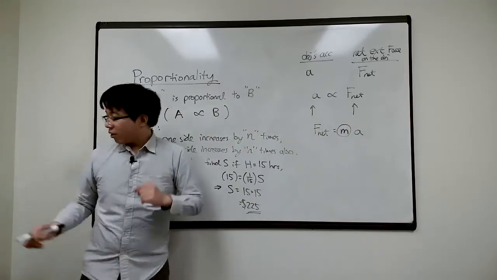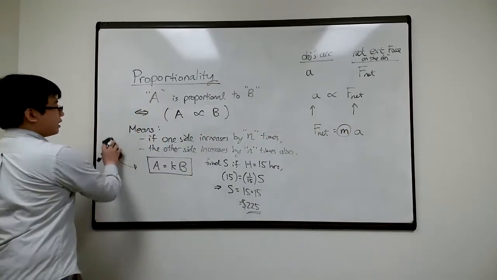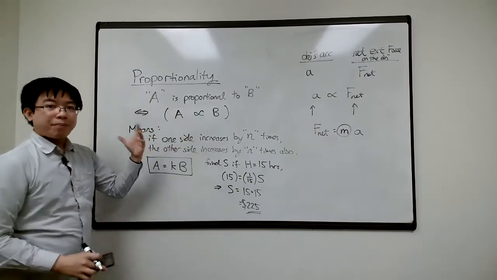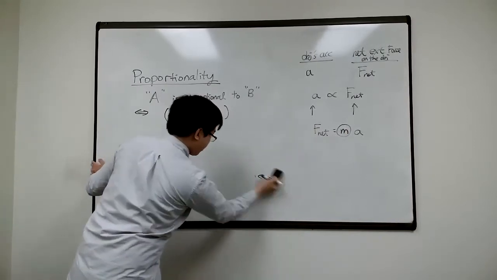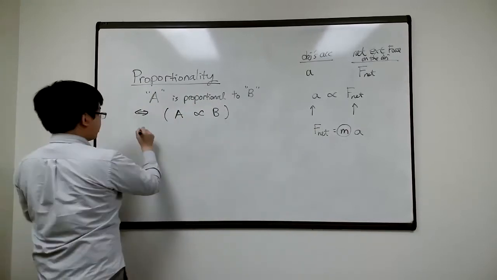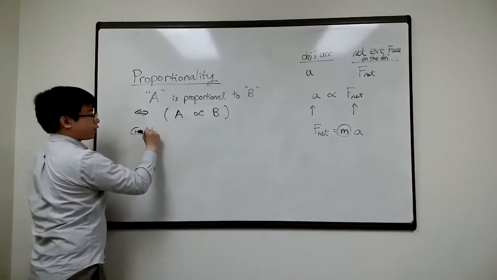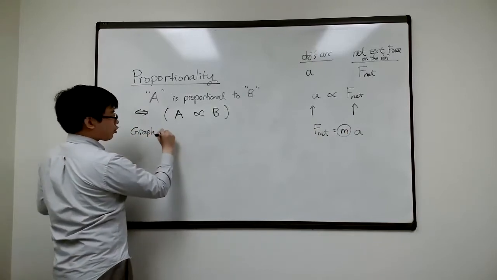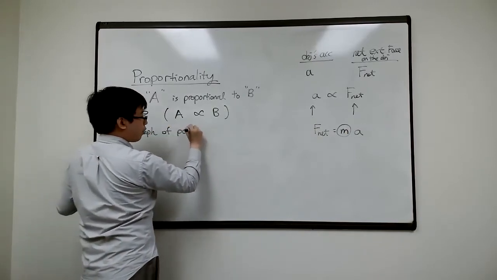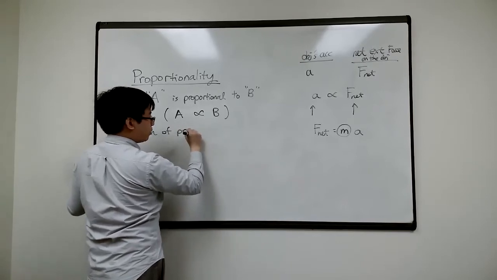One more fact: if you have two variables that are proportional and we want to plot a graph. The final thing you want to understand about proportionality, as a recap, is the graph of proportional variables.